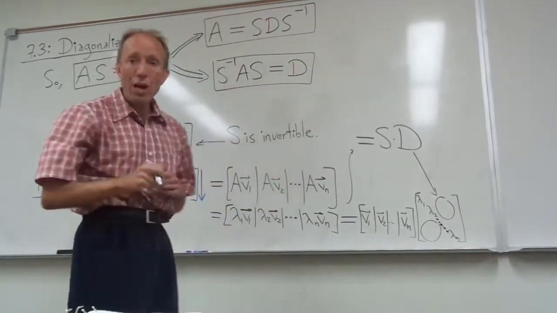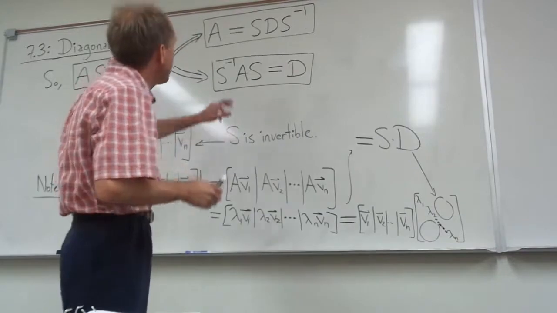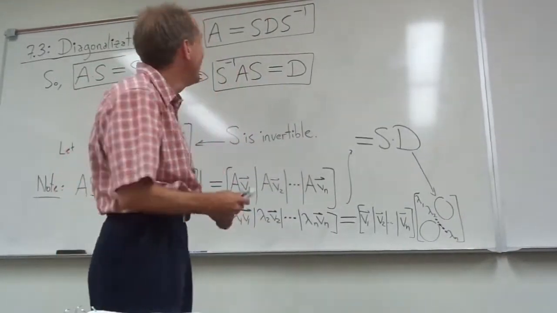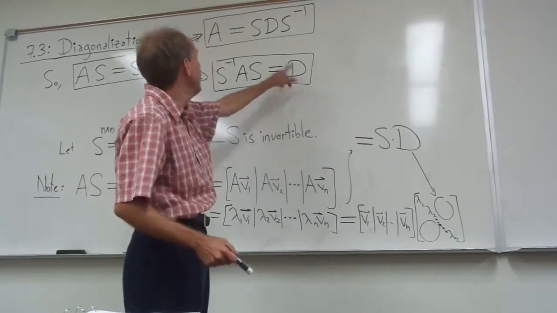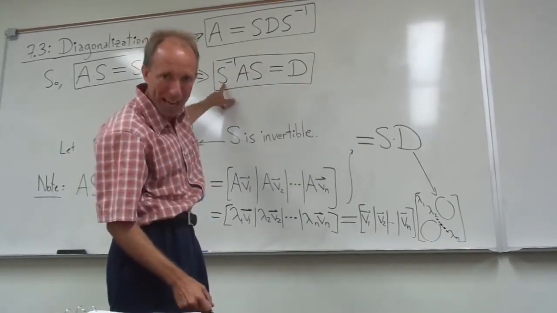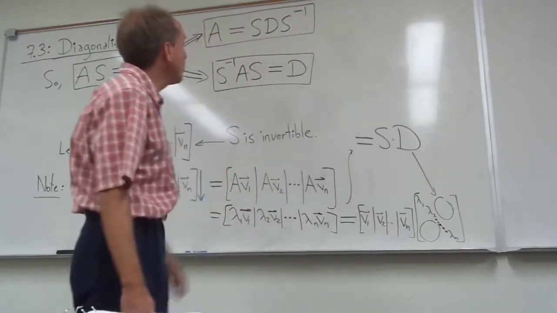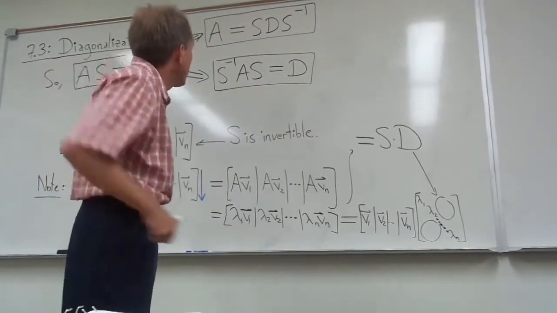When you're trying to learn them, you need to be a little careful which side the S inverse is on. When you've solved it for D, the S inverse is on the left side. When you solve it for A, the S inverse is on the right side. So the formulas look a little bit different.